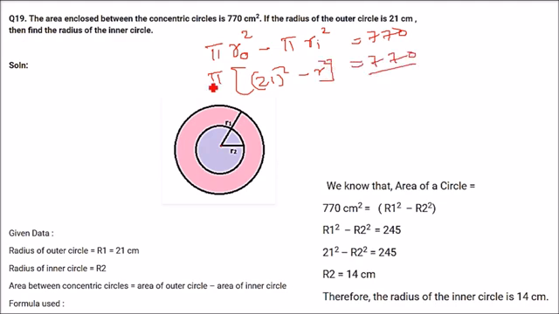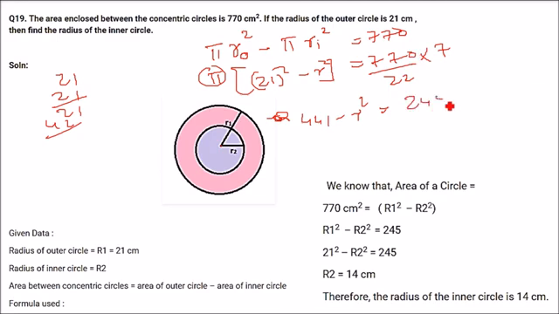It is 770. Pi is 22 by 7. So 770 by pi is 245. This is r outer square minus r inner square, that is 21 into 21, which is 441. So 441 minus r square is equal to 245.